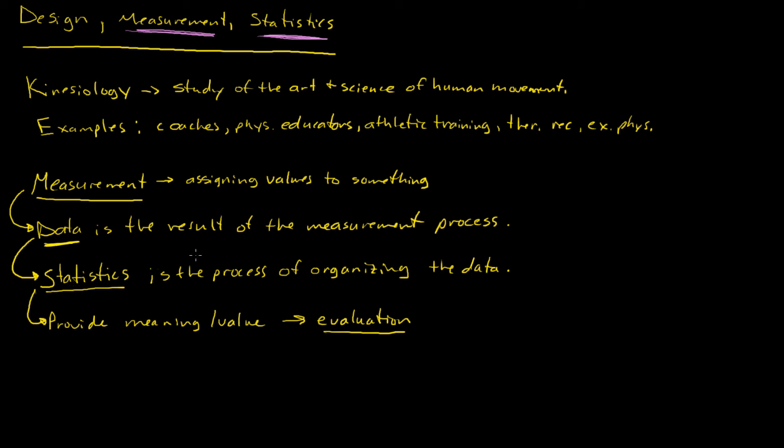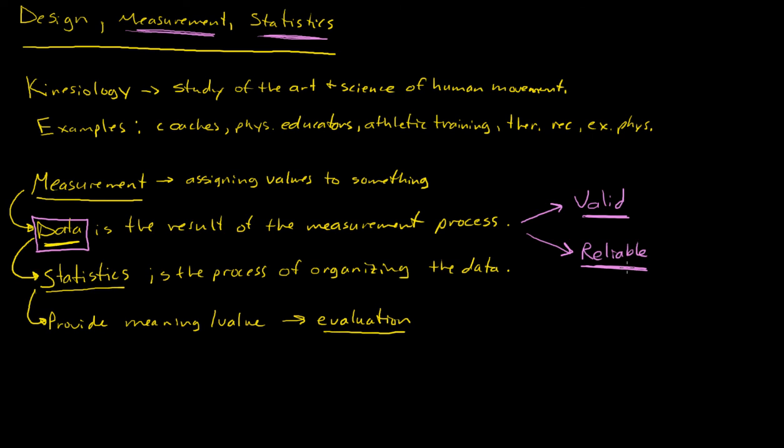Keeping in mind that this data component right here needs to be valid. It needs to be reliable. These are concepts not for this particular video, but perhaps we'll do these in another video as another primer introductory piece.